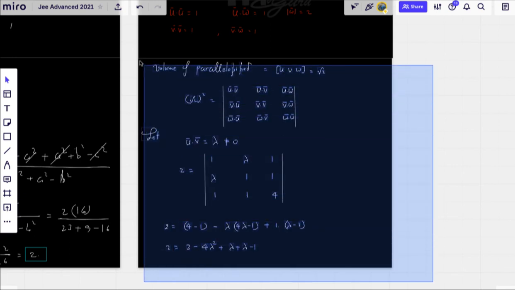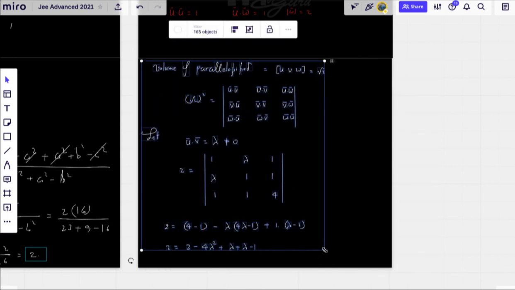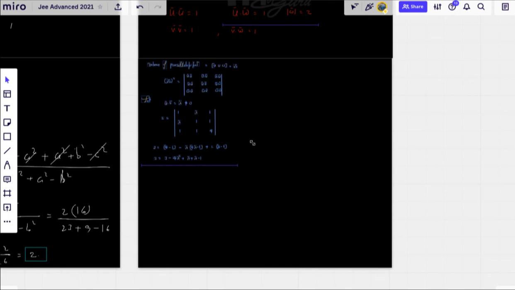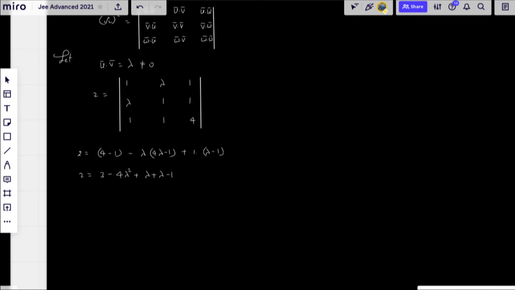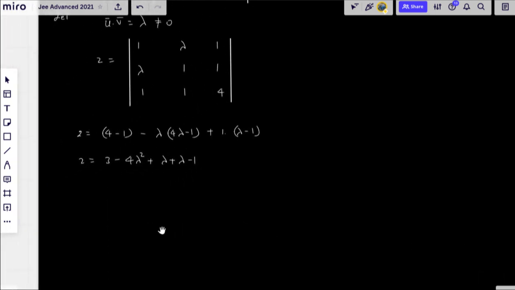After solving this and transposing, we get 4 lambda square minus 2 lambda equal to 0.